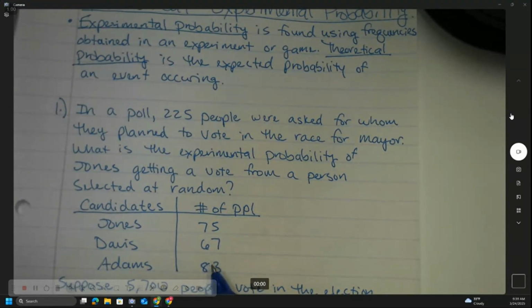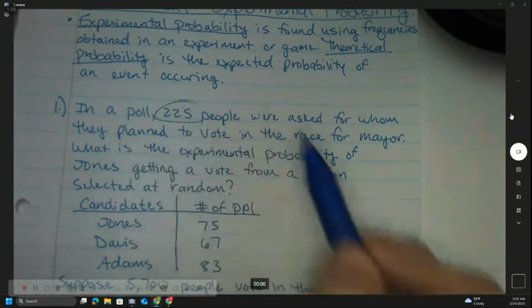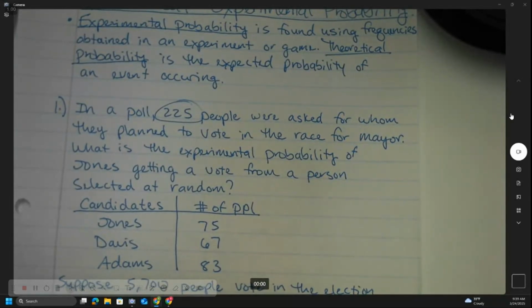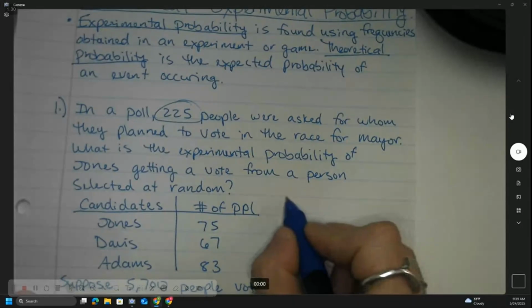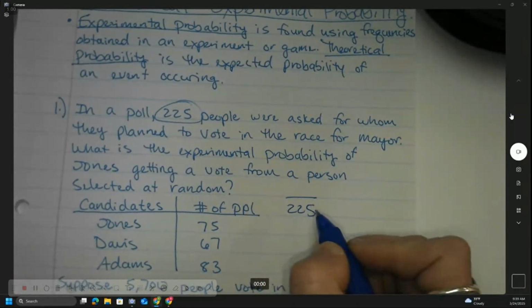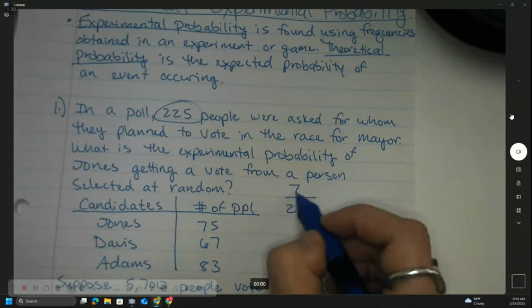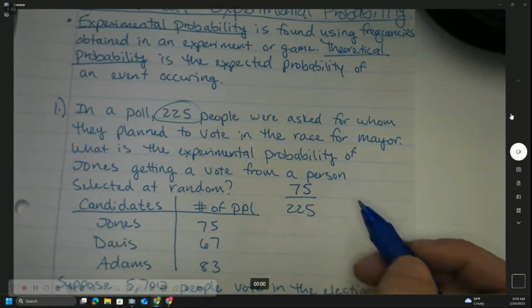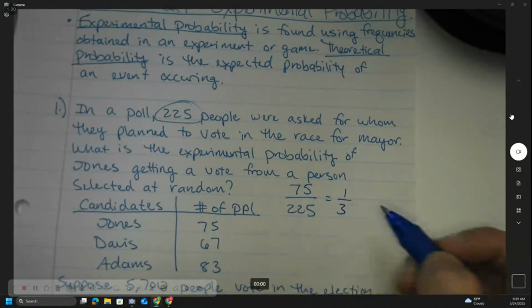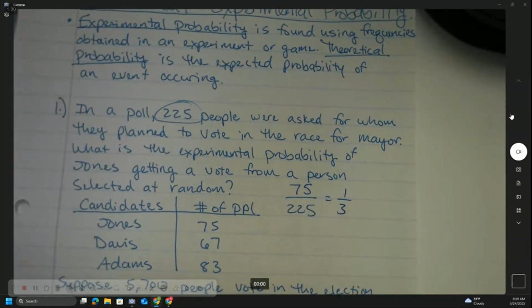Well, out of 225, that is your key note you need to take away from this problem, is knowing that fractions are part of a whole amount. So 225 is our whole amount. So out of 225 people, and if the experiment is 75 voted for Jones, you would then simplify that to 1/3 of the population voted for Jones. Okay, so that's the experiment.